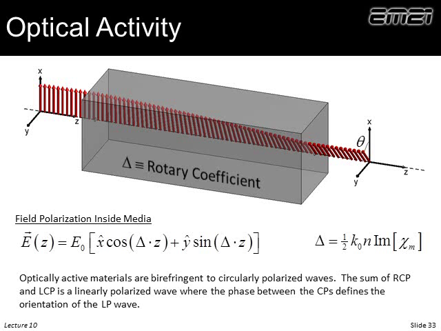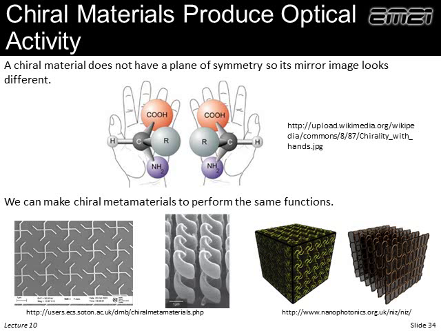And that rotation is called optical activity. So anything that is spiral in some sense is optically active and the most fundamental electromagnetic states are circularly polarized waves. So there are some pictures of chiral type structures that produce this type of phenomenon. But even at the atomic scale, in real crystals that do this, the atoms themselves are spiral in some way.